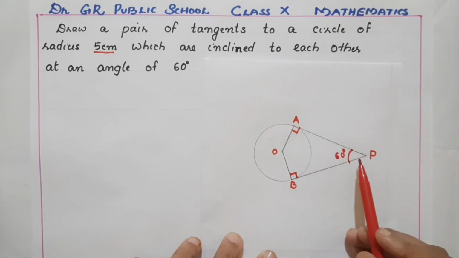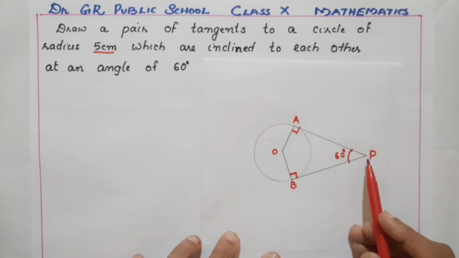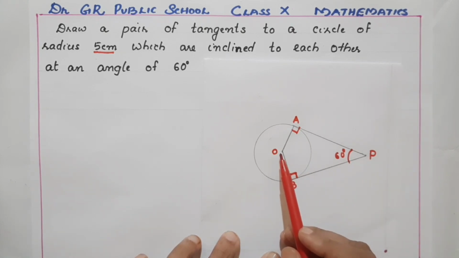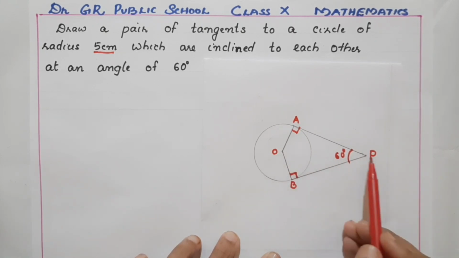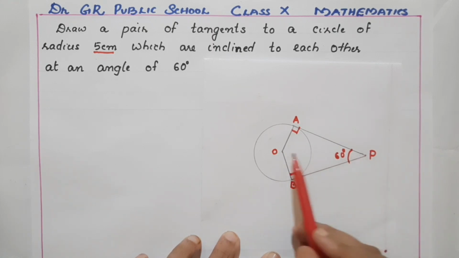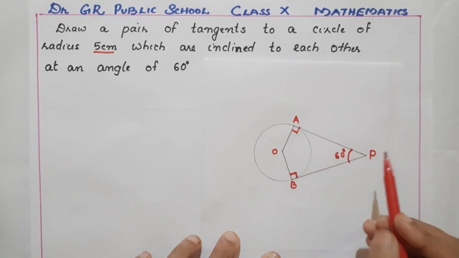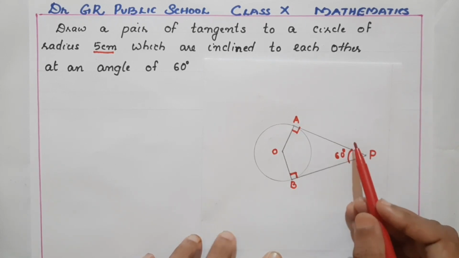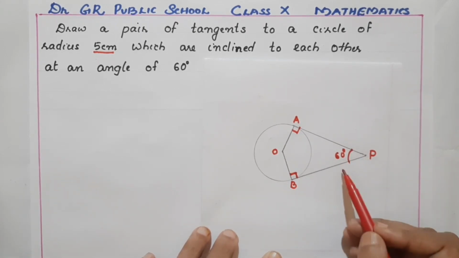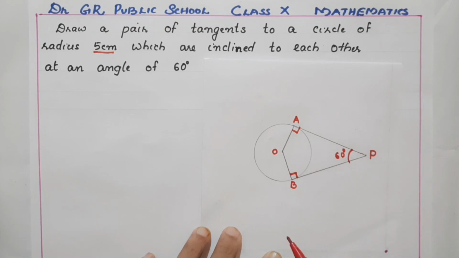See children, from an external point we don't know the distance between the center and the external point. If we know the distance, we can mark the point here and we can make the tangents which are inclined at an angle of 60 degree.